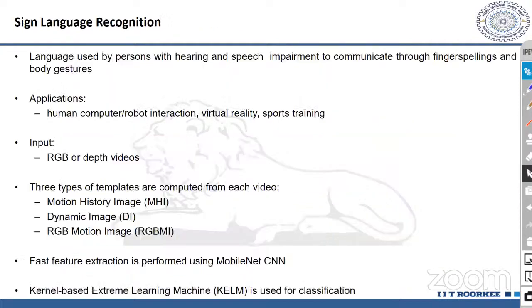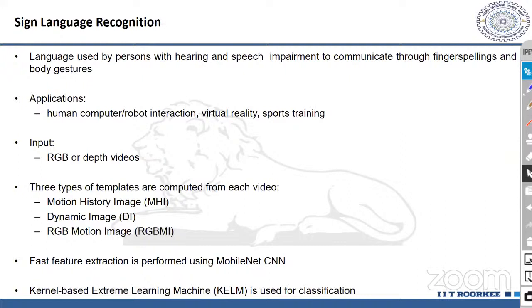From the RGB video, I can find a motion history image, MHI, or dynamic image DI, or RGB motion image, RGB MI. Here you extract features using a convolutional neural network.